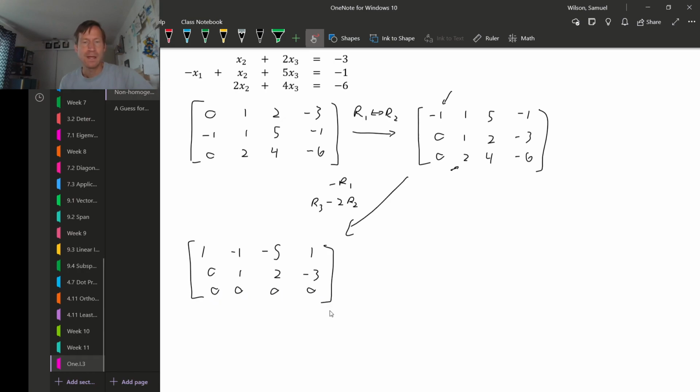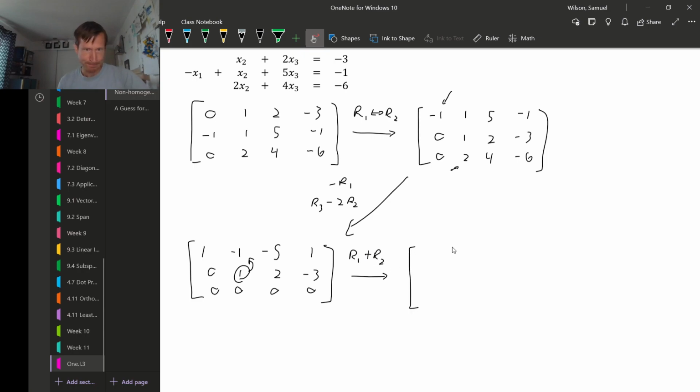Okay. Now we're in row echelon form, but let's go all the way to reduced row echelon form. To get reduced row echelon form, we have to use this pivot 1 right here to zero out any entries above it. So we're going to do row 1 plus row 2.